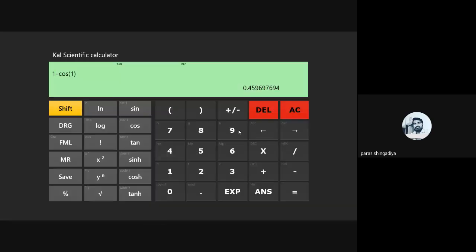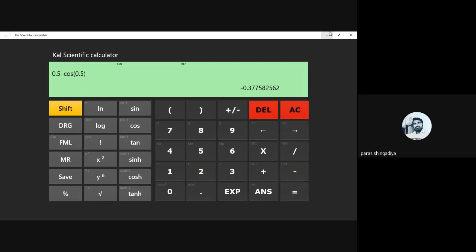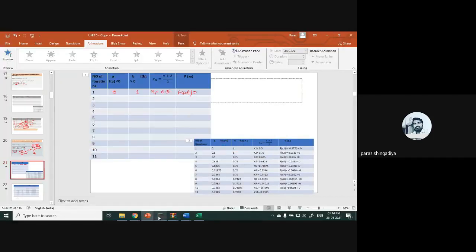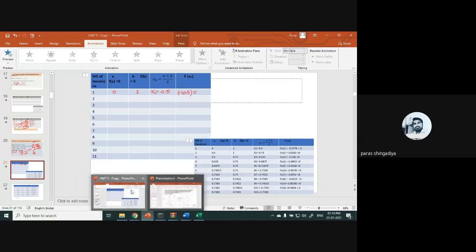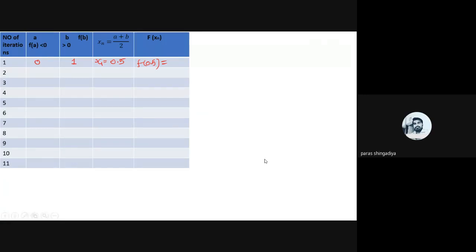So you will get 0.5 minus cos of 0.5, and you will get a negative output, that is minus 0.37 something. And it is negative.